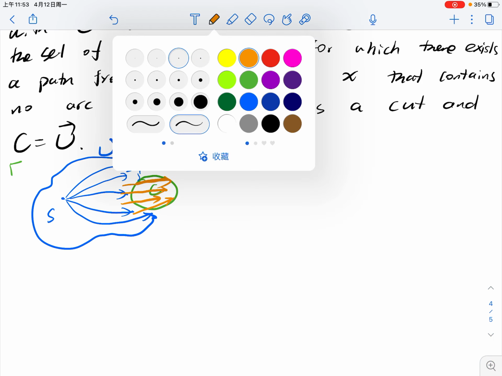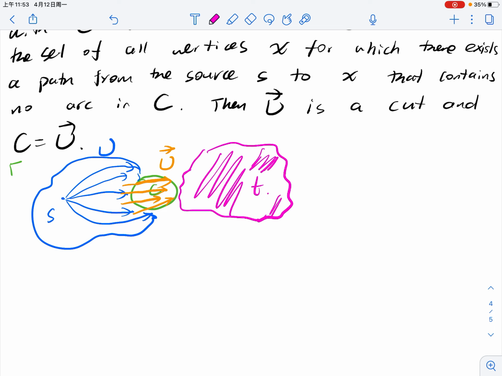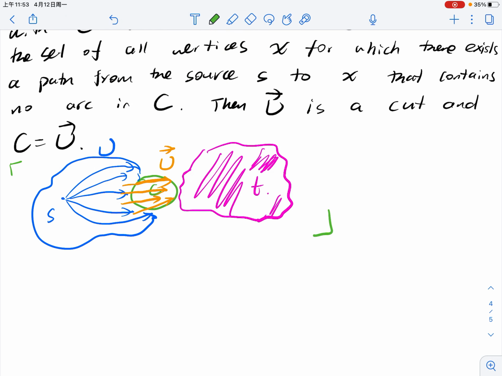So T is here. So you have another part. Okay, so graphically we have this situation.